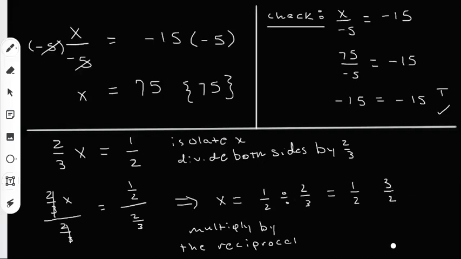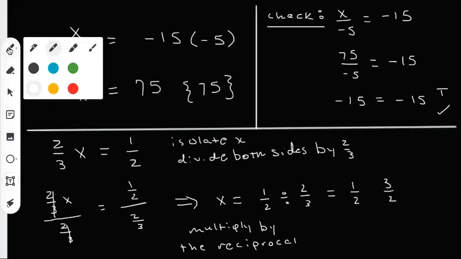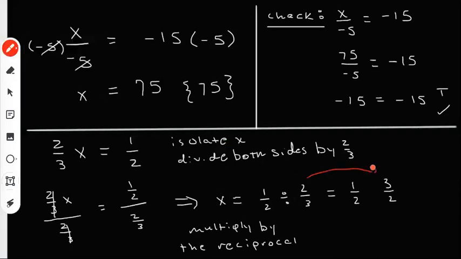So all I did was flip over the second fraction right here, so that I can get the reciprocal. But one thing I am going to change is the division sign that we started off with is now going to be a multiplication symbol.